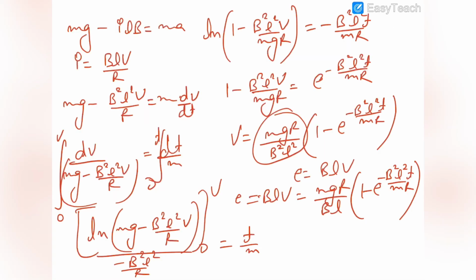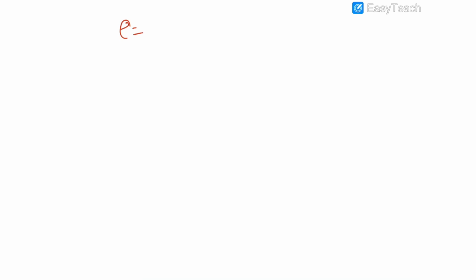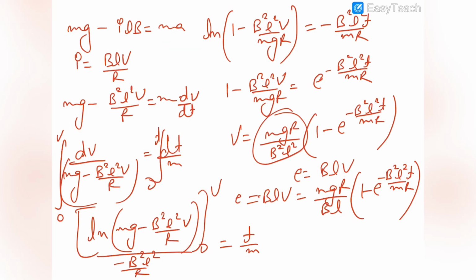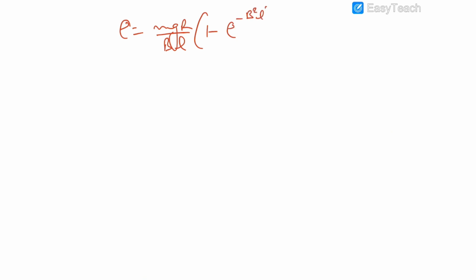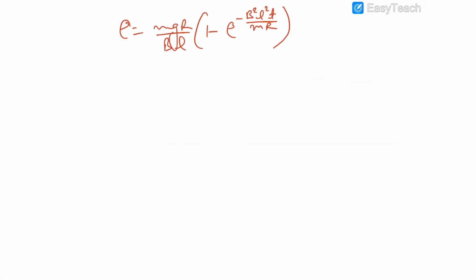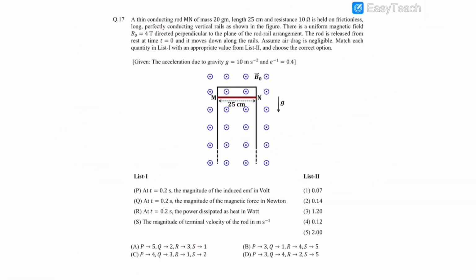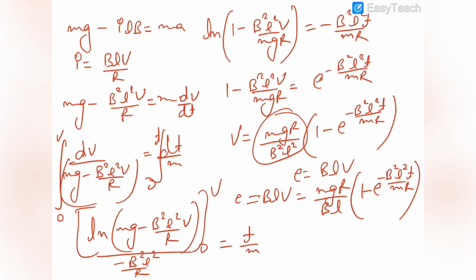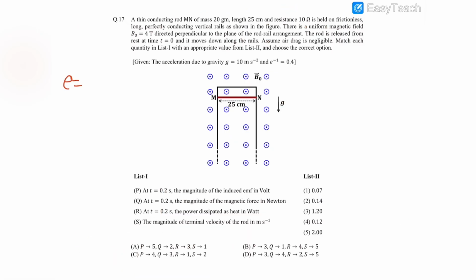So E is equal to mgR by BL into 1 minus e to the power minus B square L square t by mR. Now we will use this equation from the first page, and we will substitute the values. E is equal to mgR by BL into 1 minus e to the power minus B square L square t by mR.